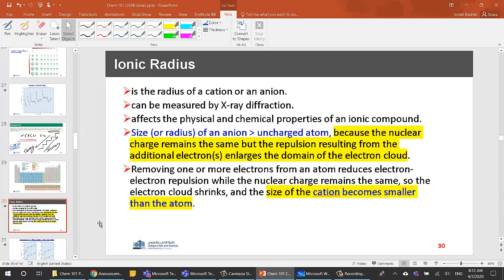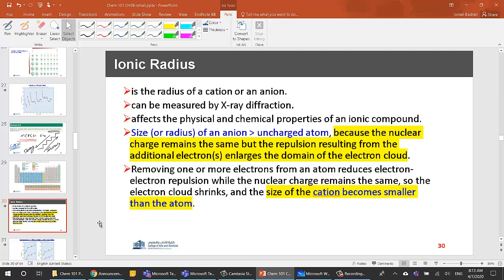Now let's move on to something we call the ionic radius, which is the radius of the ions rather than the neutral atom. Now, this is more important than the atom itself because this is something we can measure by X-ray. Luckily, we are going to follow the same rule for the ionic radius, that the size increases as you go down and decreases as you go to the right.